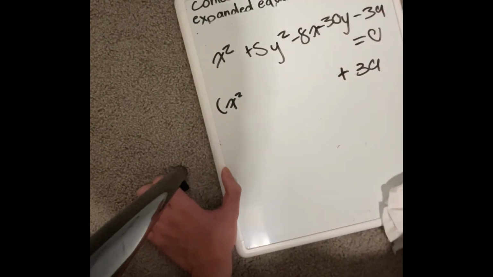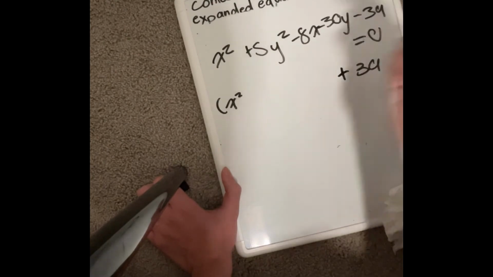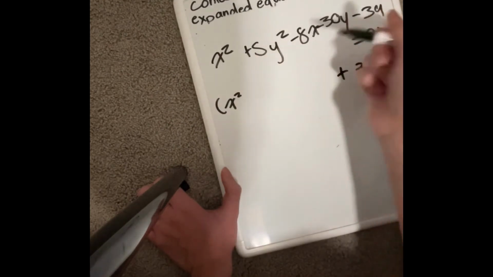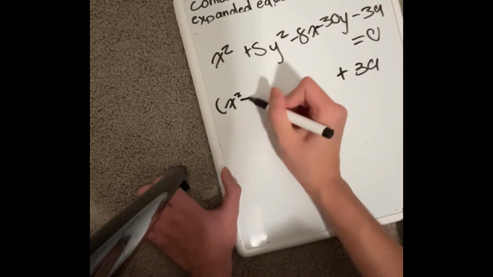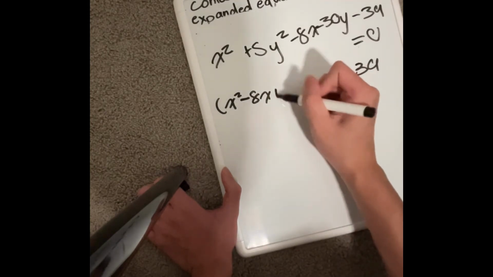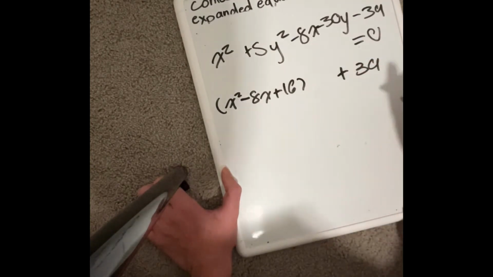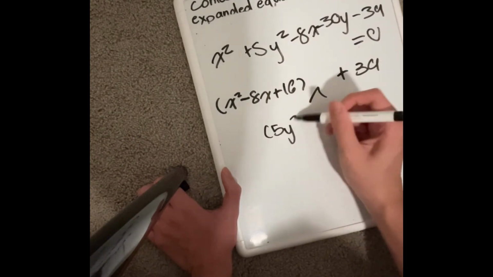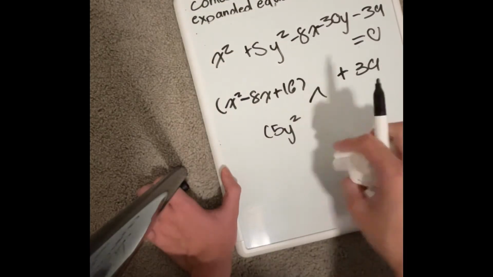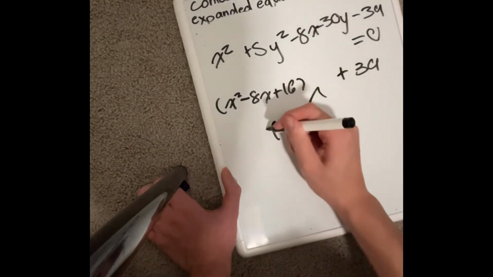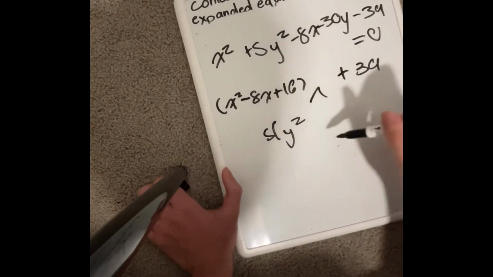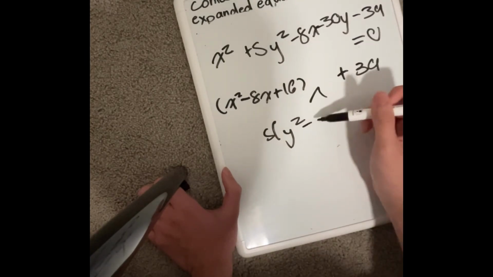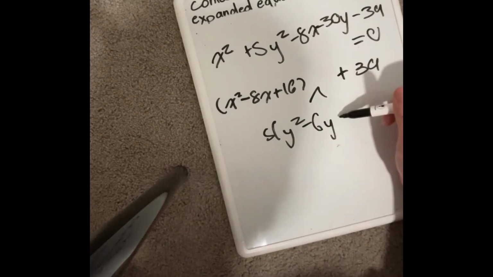To speed up the process, I can already add the constant, so that would be x squared minus 8x plus 16, and then 5y squared. Actually, I can factor this more, so that would be 5 times y squared minus 6y plus 9.